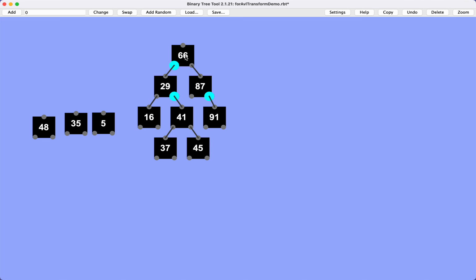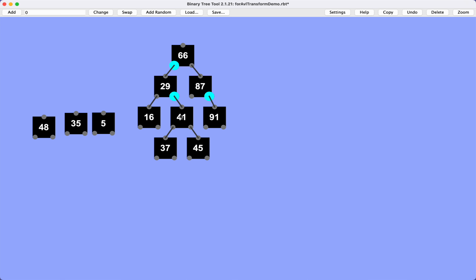If I look at the 29, it is right leaning, because its left subtree has height 0, its right subtree has height 1. And so I mark it there. The 87, its left subtree is null, its right subtree is an element, and so it's right leaning, etc. But if I look at the 41, its left and right subtrees are the same height, and so I do not mark it as left leaning or right leaning.